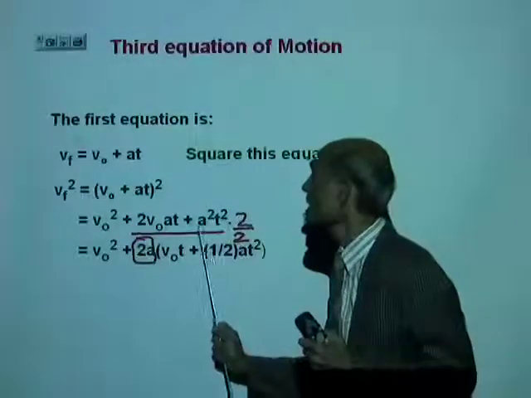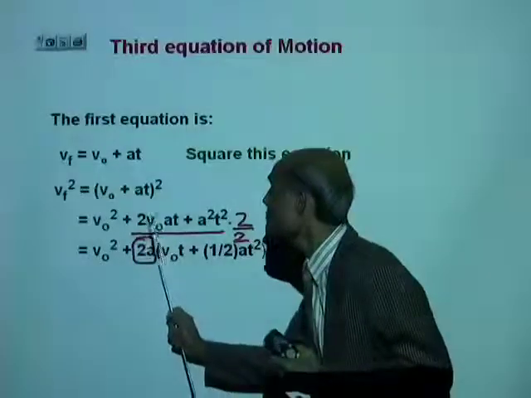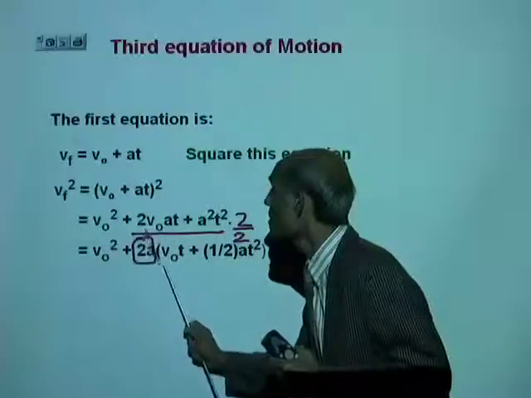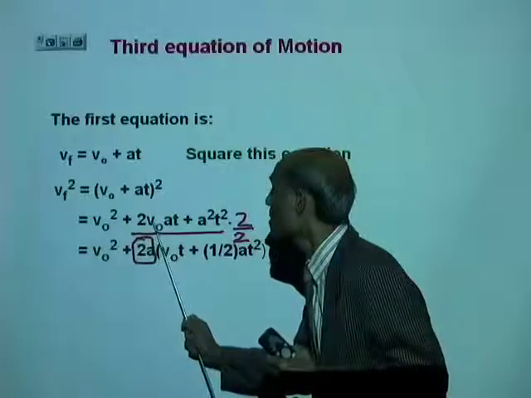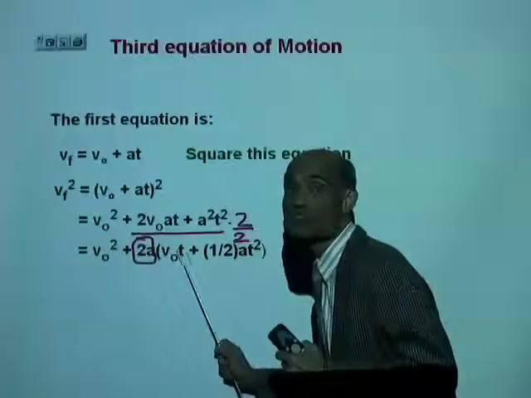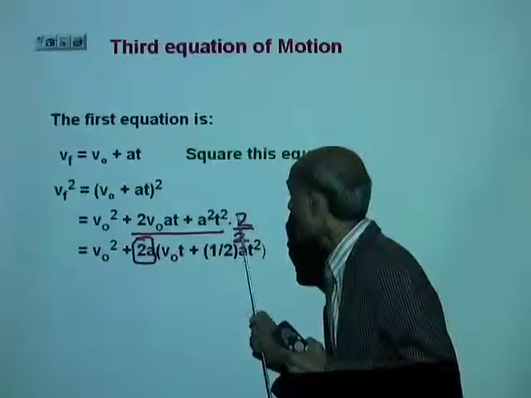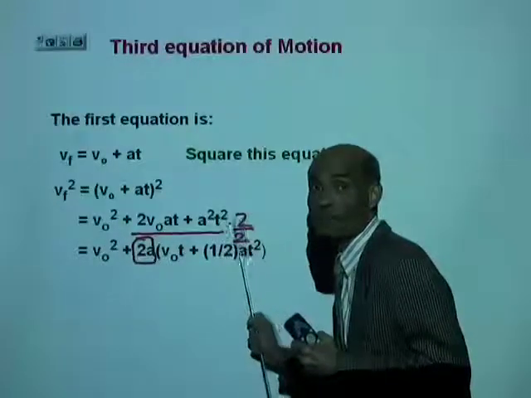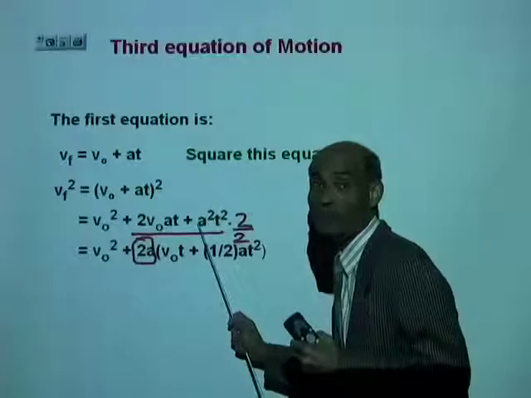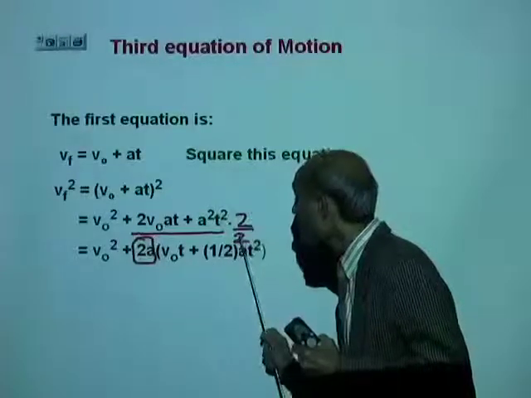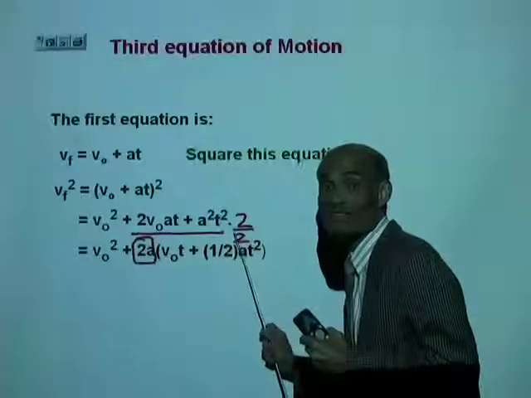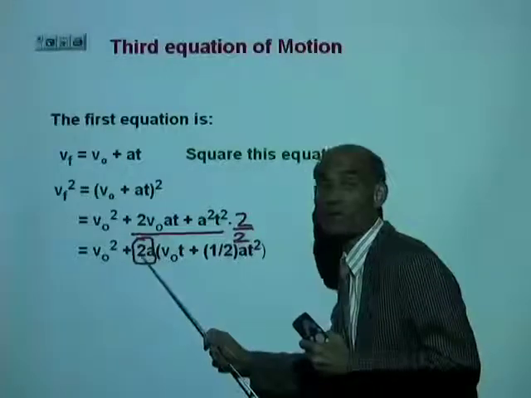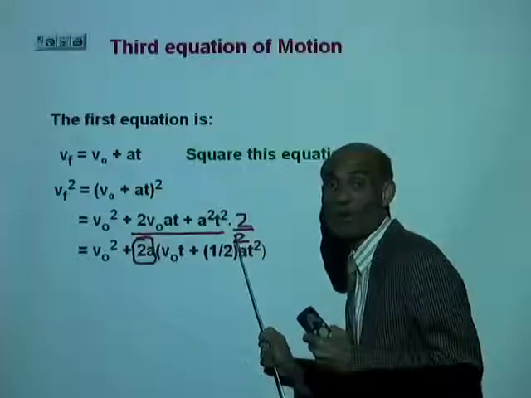So, when the 2A comes out, what is left in the first term? 2A has come out. What is left in the first term is V0t. And after this 2A, this is A squared. After 2A has come out, what is left here? There is a 1/2. You see that 2 in the denominator? This 2 has come out, leaving that 2 on the denominator.